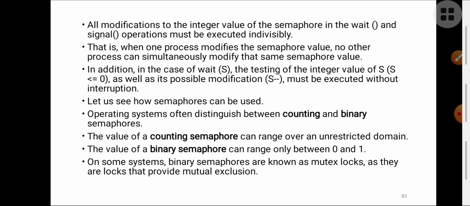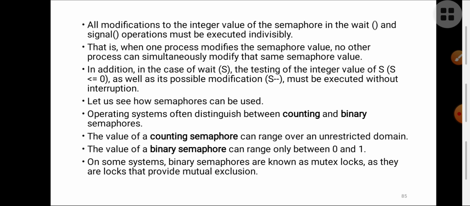Operating systems usually make a clear difference between counting semaphores and binary semaphores. The value of a counting semaphore can range over an unrestricted domain, which means it can start from 0 and go up to infinity.